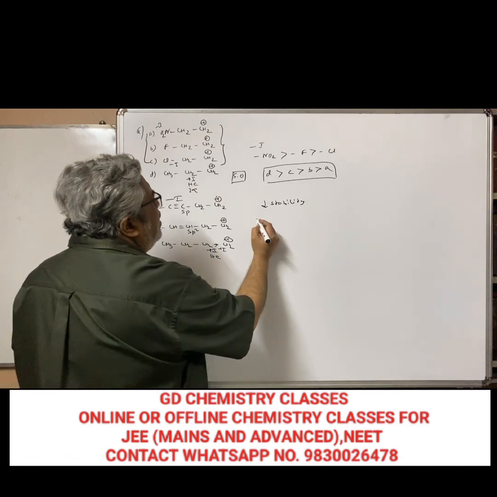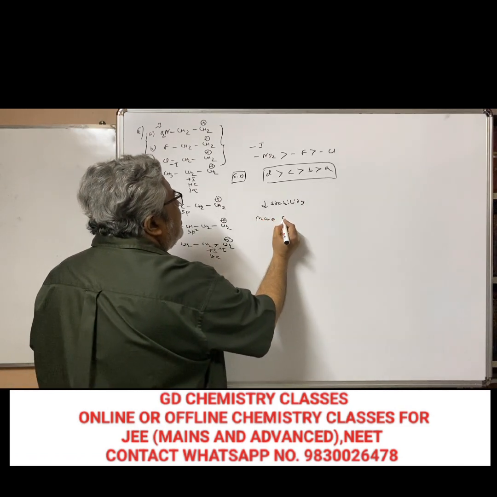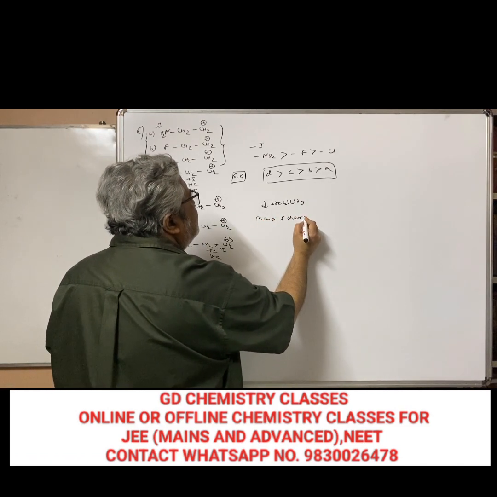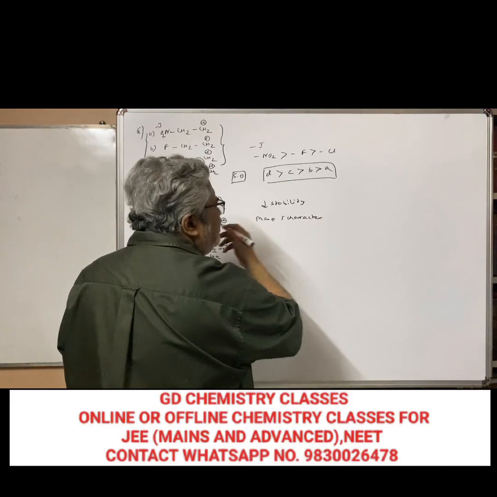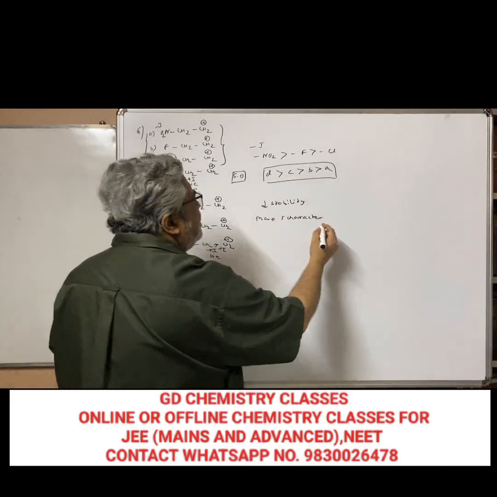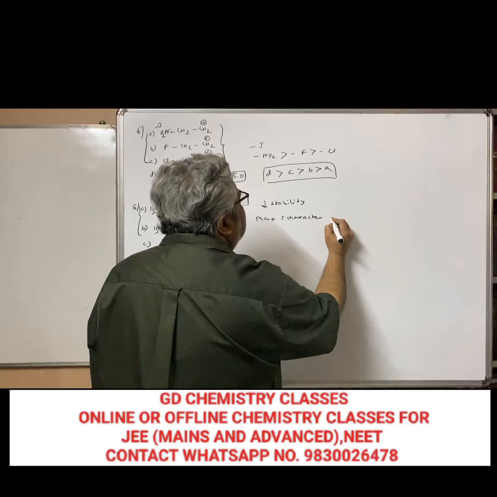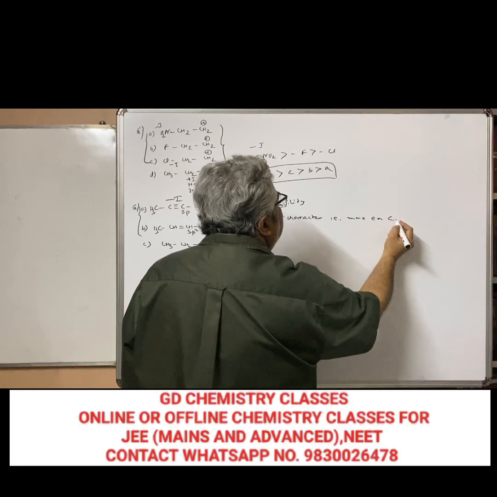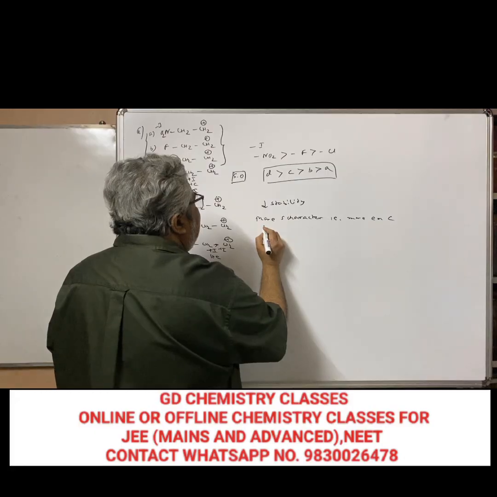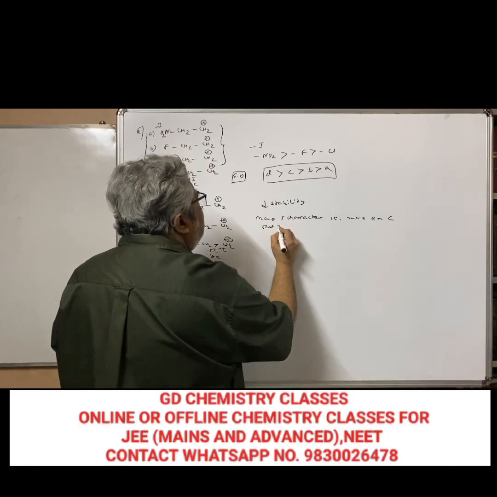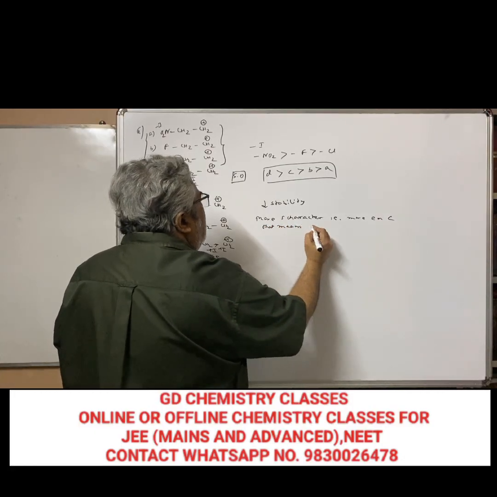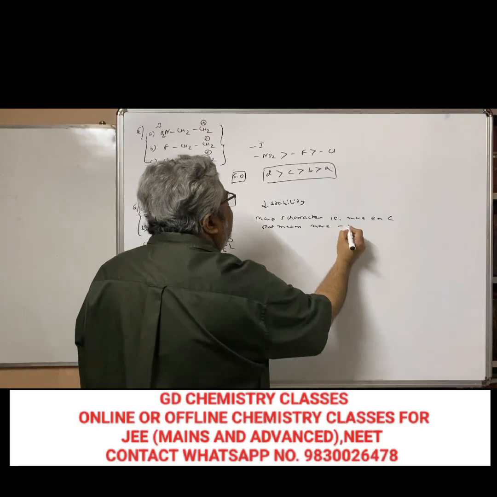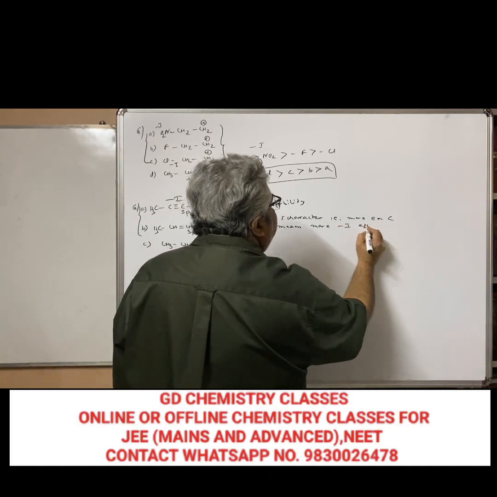Now we already know one more thing, the S character in bonding, which we discussed in the last video. More S character means a more electronegative carbon, that means a more powerful minus I effect.